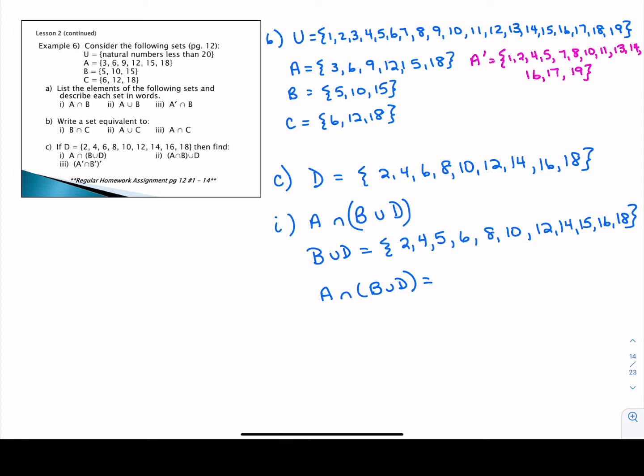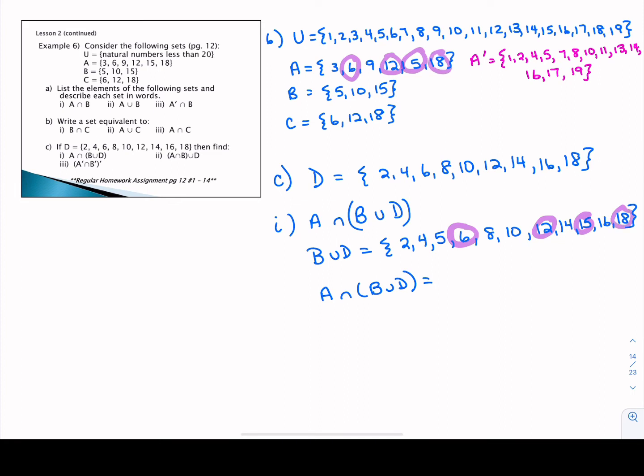So let's highlight those. If I look at set A, we have a 3 and we have a 6, which is common to both of those. So that would be an intersection. 8's not common, 9's not common, 10's not common, but 12 is common. 15 is common, and 18 is common.